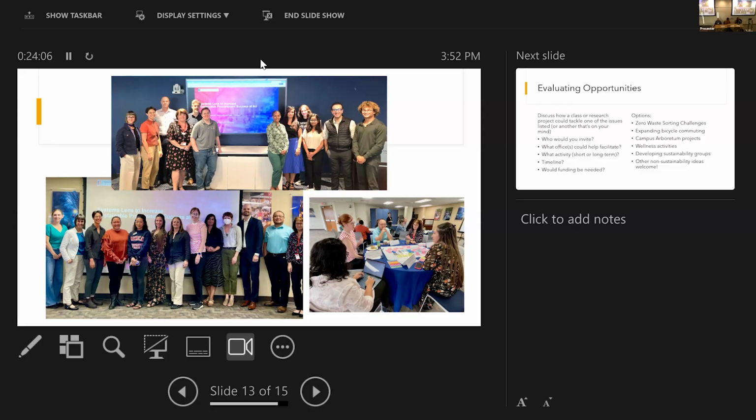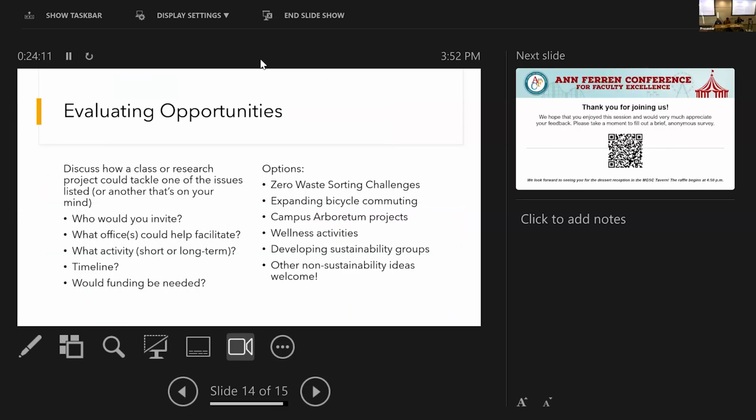So now what we'd like to do is have you all divide perhaps into groups of 4, I think works out well, to evaluate an opportunity that you might consider proposing a project or a program for. We have some questions to get you started. Who would you invite to the table to work on whatever problem you're thinking of?